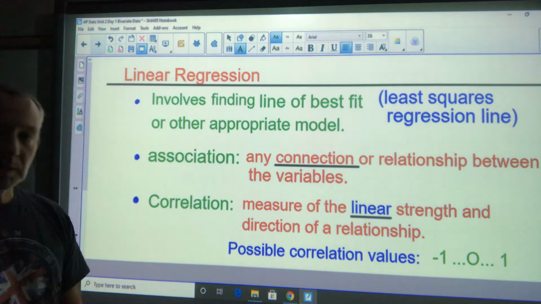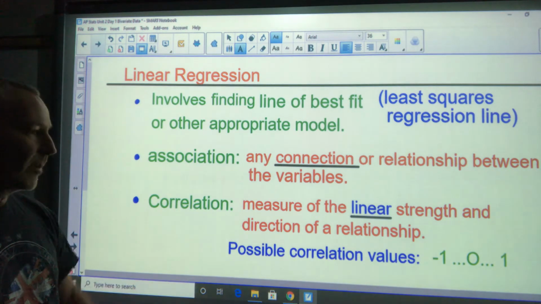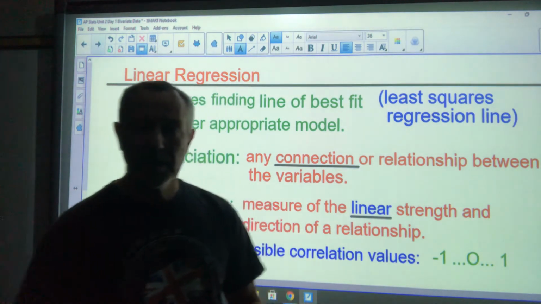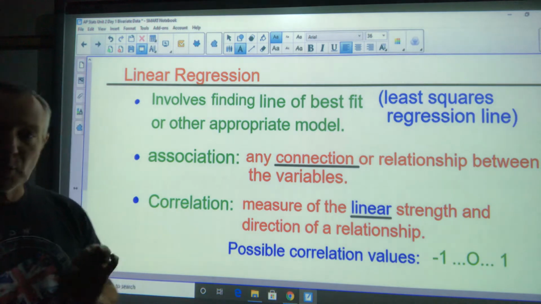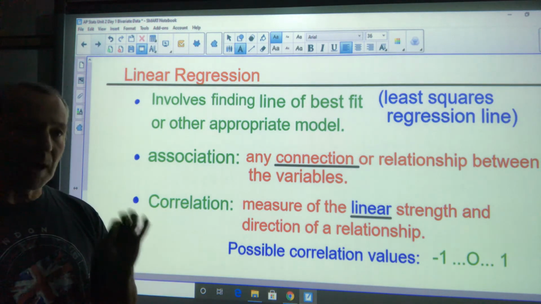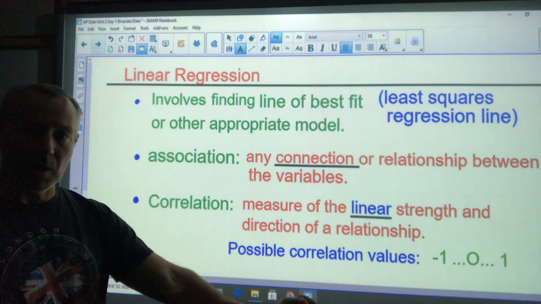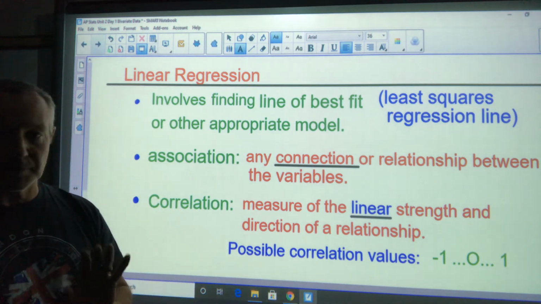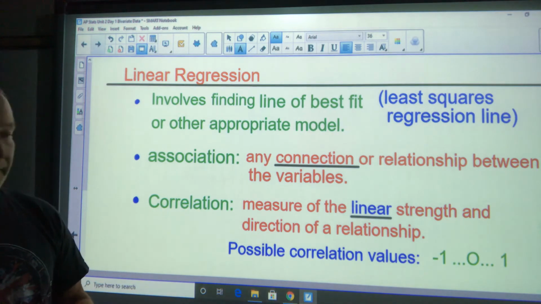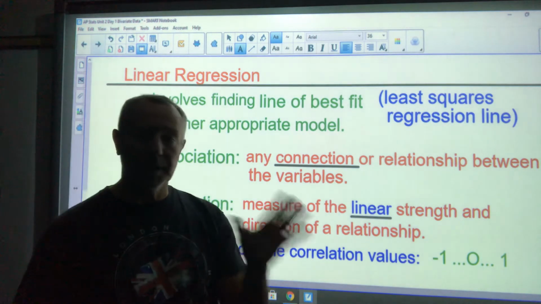All right, possible correlation values. They range from -1 to 1. -1 is a perfect linear correlation, a perfect linear relationship, and I mean perfect. Every single dot of your data is exactly on the line, not one off. -1 is ridiculously strong. It's the strongest it could possibly be. 0 means no linear pattern at all.